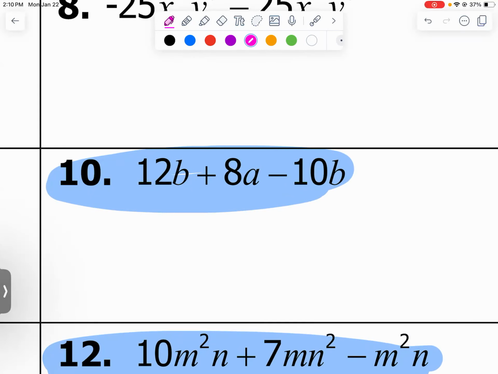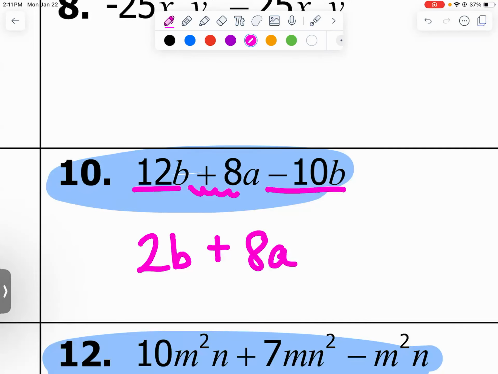Number 10. Allison, what'd you get for number 10? Okay. Brooks, how did she get 2b plus 8a? She simplified by doing 12b minus 10b. And then 8a is not a like term, so it's just kind of a loner.